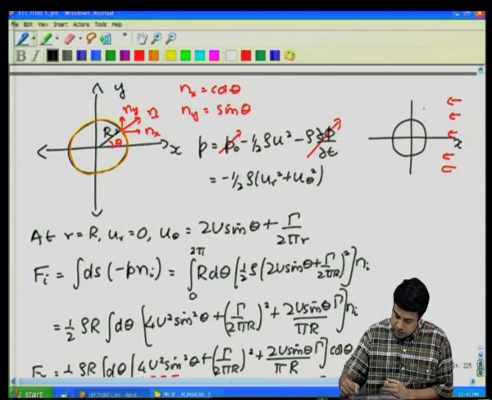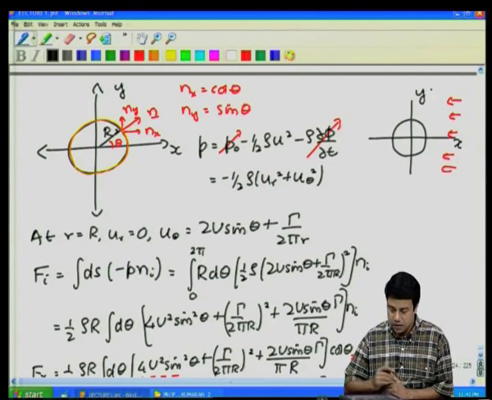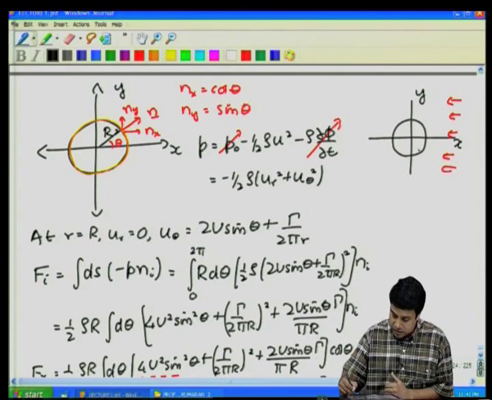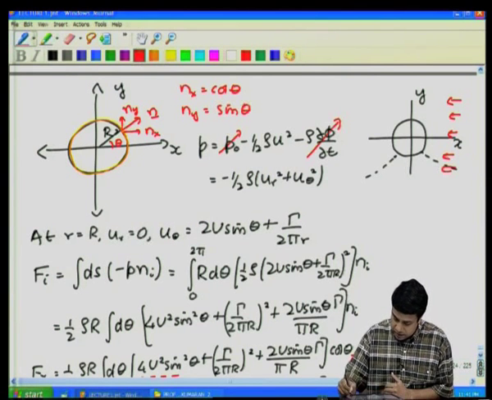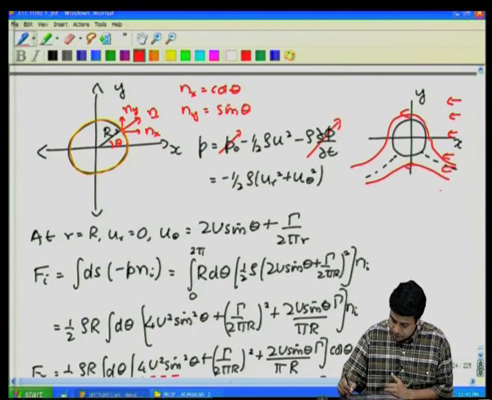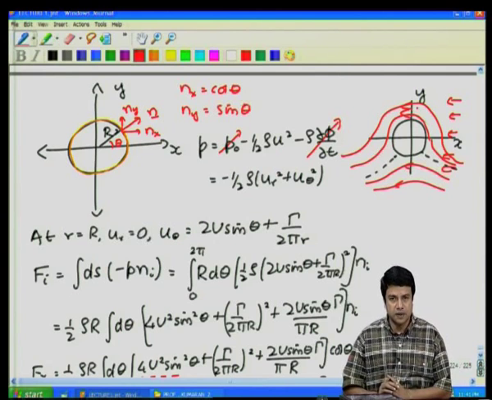So, this is x and this is y. And because there is a net circulation, there is actually the velocity field. If you look at it, it looks something like this. The velocity field far away looks something like this.